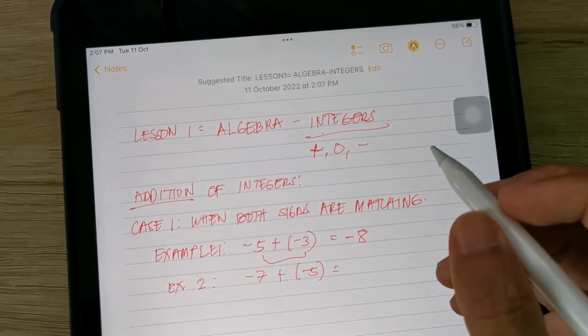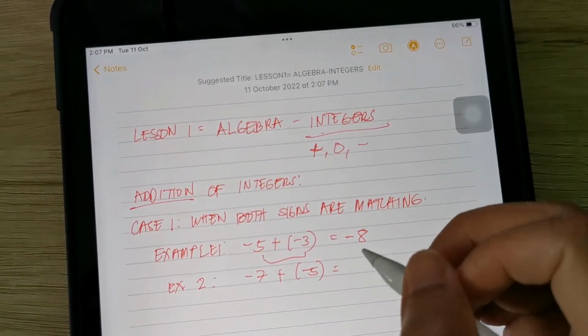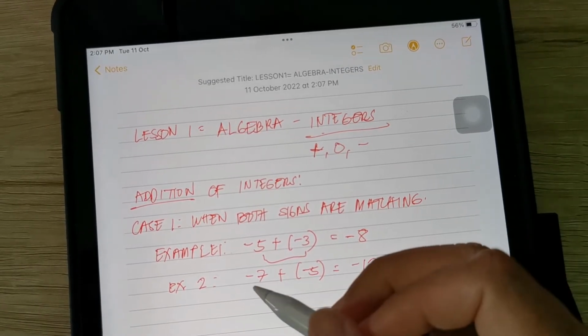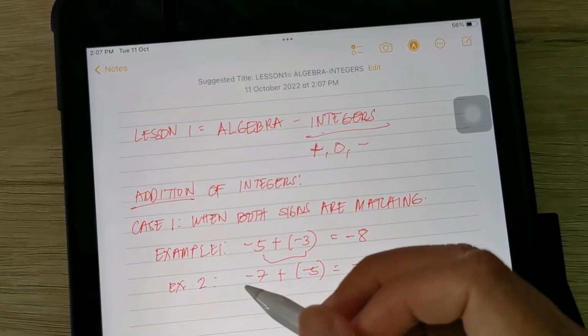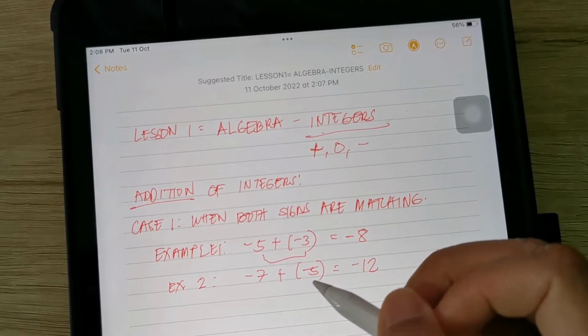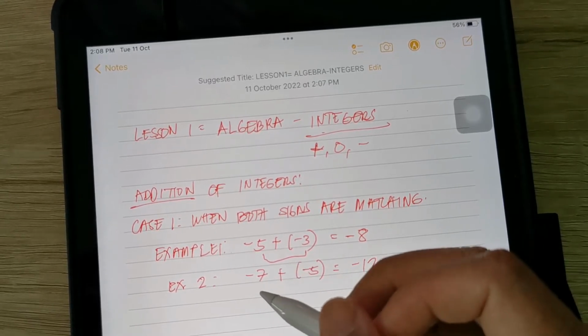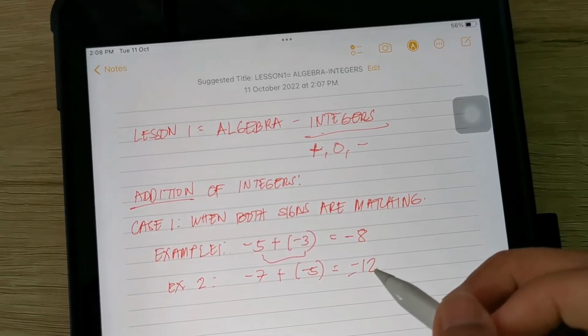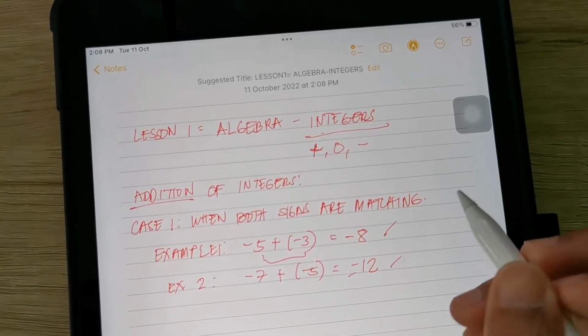So anong sagot? Kung sagot mo ay -12, you are correct because both signs are matching. They're both negative. So you just add them normally and then you copy the sign. So it's -12. Okay.